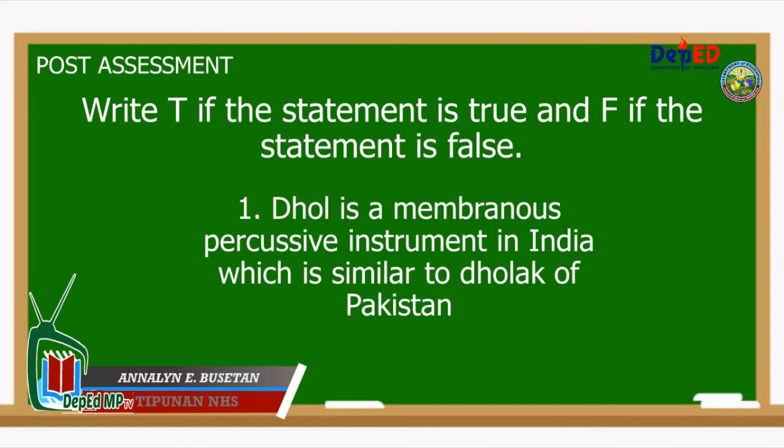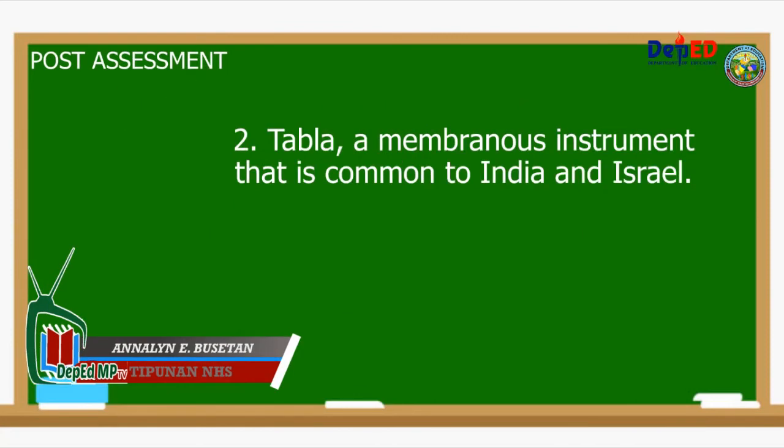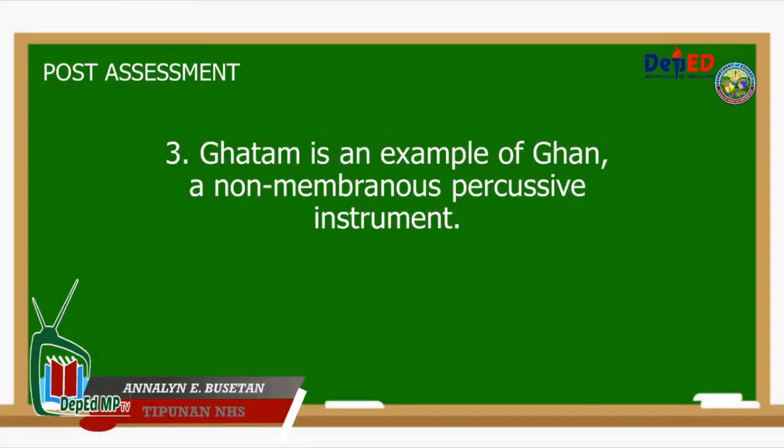Okay, number 1. Dhol is a membranous percussive instrument in India which is similar to dholak of Pakistan. Number 2. Tabla, a membranous instrument that is common to India and Israel. Number 3.